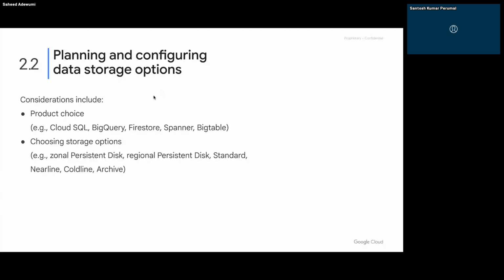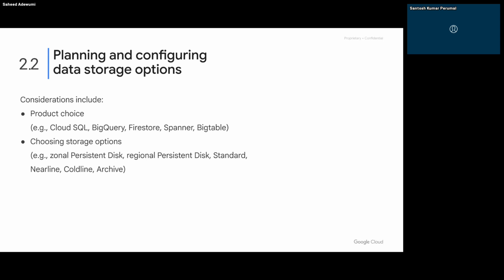Okay. So, as my colleague says, hello everyone. My name is Adewumi Saheed. Today we are going to talk about planning and configuring data storage options. So this section is about picking the right option as a cloud engineer and to make your right choice anytime you are setting up your infrastructure.